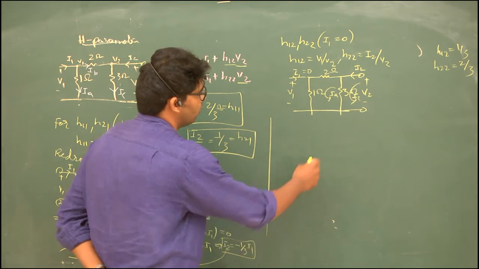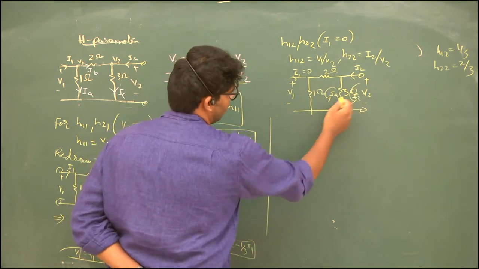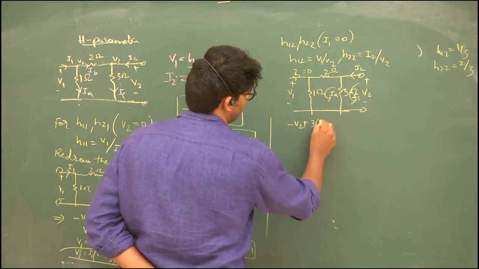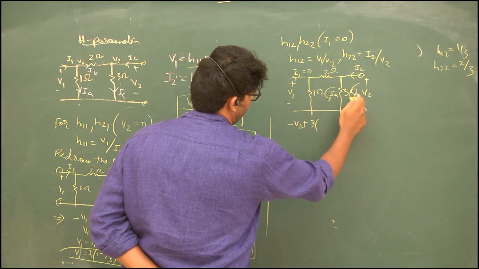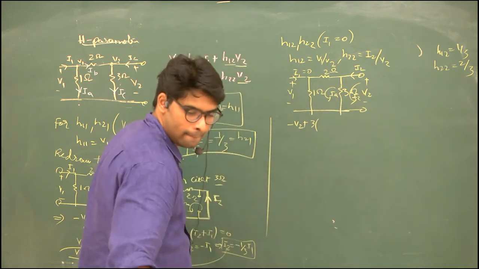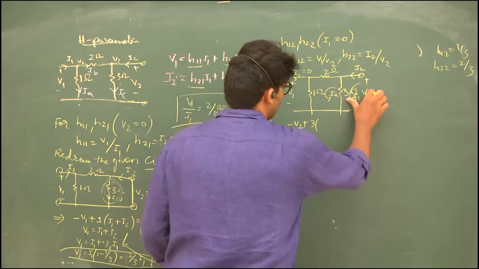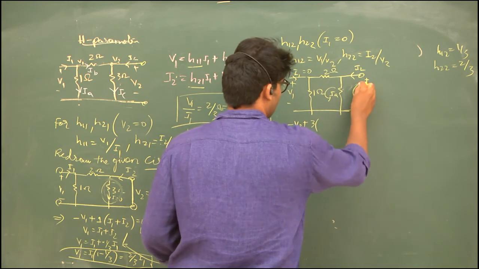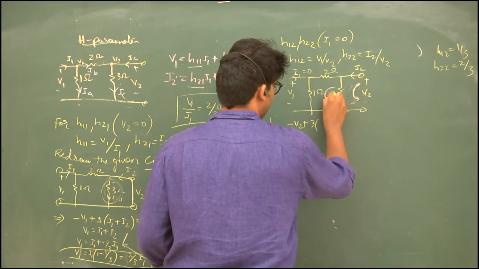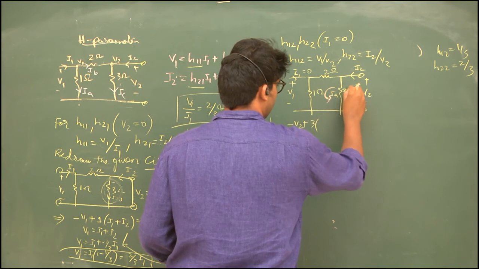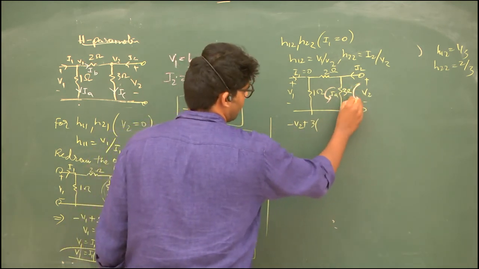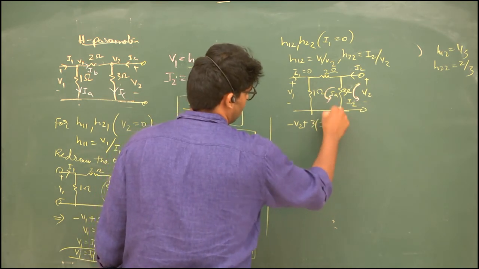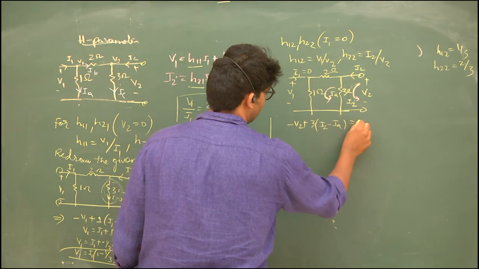Now apply KVL at loop 2, that is minus V2 plus 3 into I2 minus IA equal to 0.